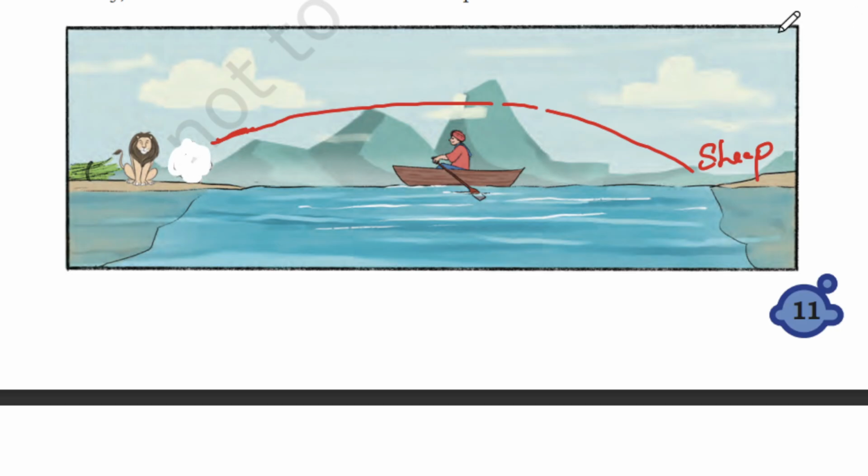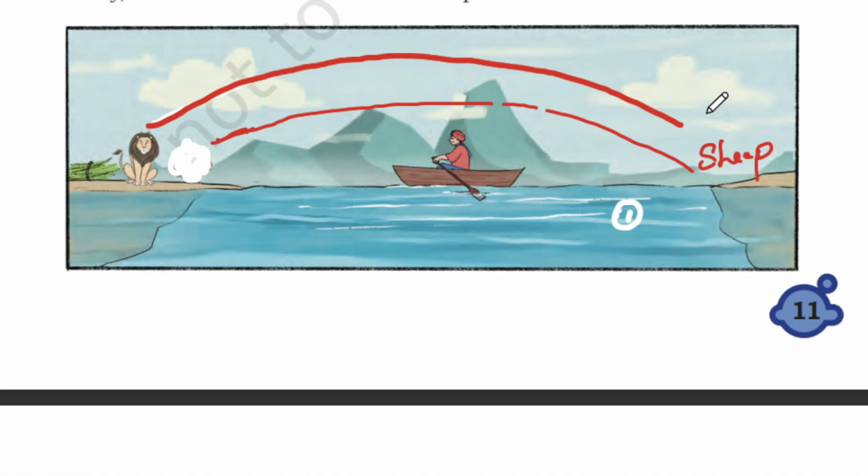So this is the first trip. On the second trip, what will he do? The boatman carries the lion. He takes the lion, and the lion goes here. This is the second trip.